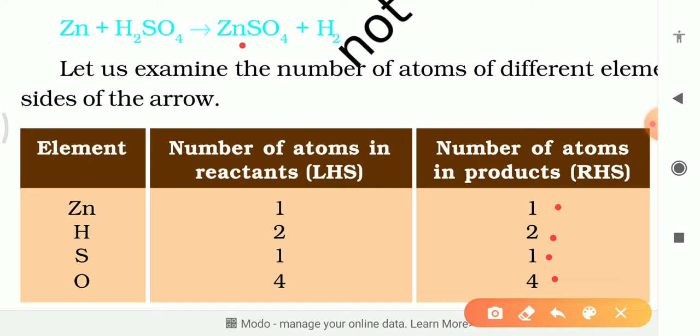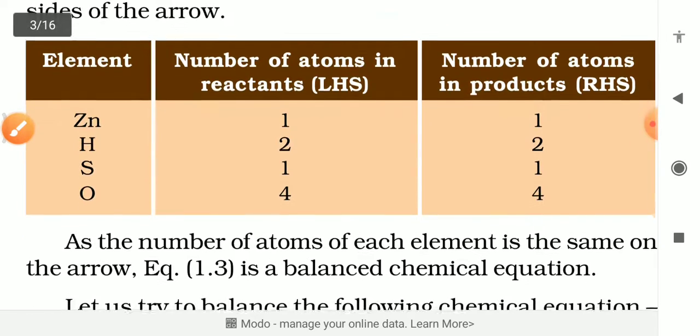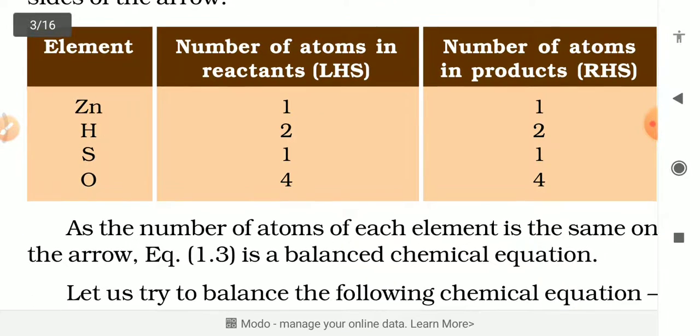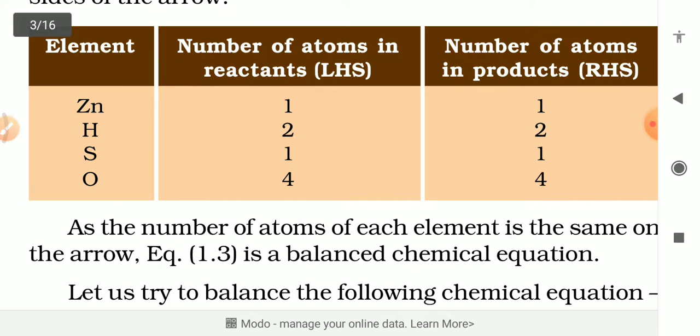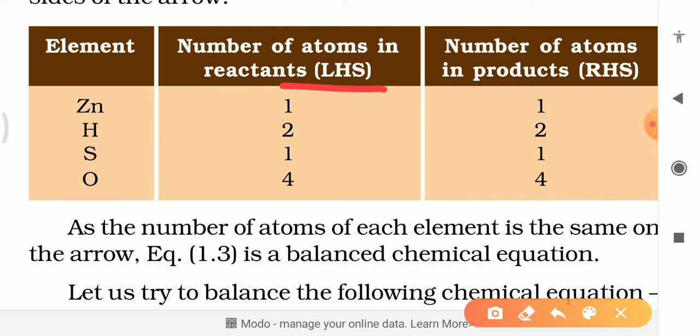Now students, the number of atoms on both sides, in the reactants and in the products, is the same. Zinc 1 on the left hand side, 1 on the right hand side. Hydrogen 2, sulfur 1, oxygen 4. It means the number of atoms on the left hand side is equal to the number of atoms on the right hand side.